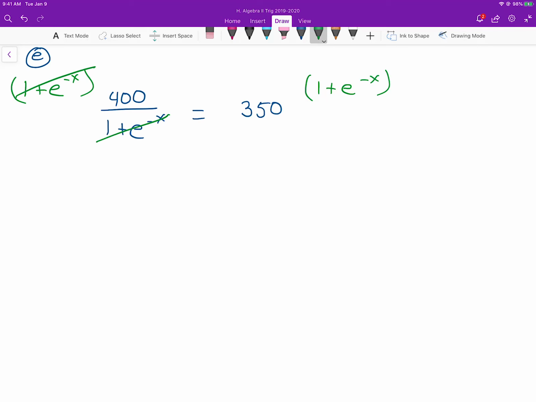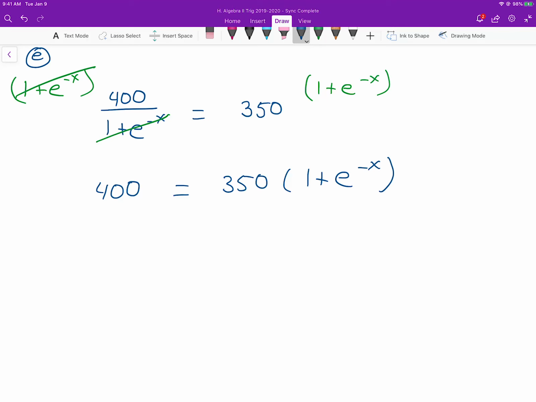These will cancel out, and then we're left with 400 equals 350 times 1 plus e to the negative x power, which is better because at least we don't have a variable in our denominator anymore. So then I could distribute, but I know I want to isolate x.